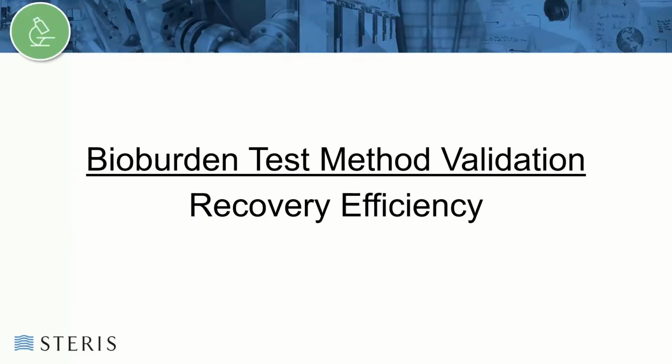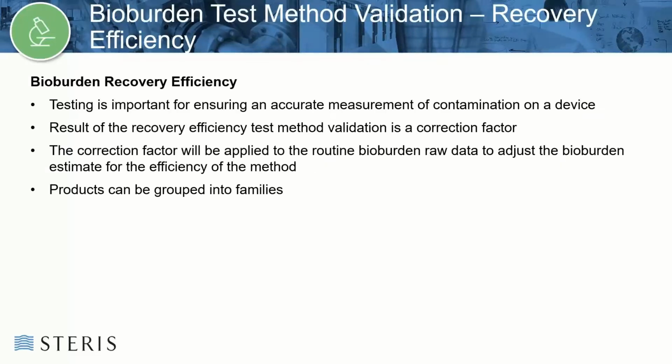So let's look more in depth at the recovery efficiency test method validation process. Bioburden recovery efficiency test is important for ensuring an accurate measurement of contamination on a device, as the bioburden extraction process rarely removes 100% of microorganisms present on a device.